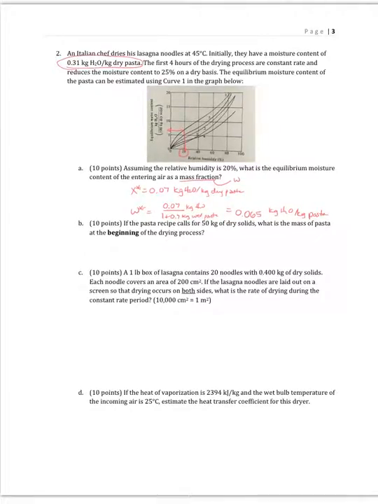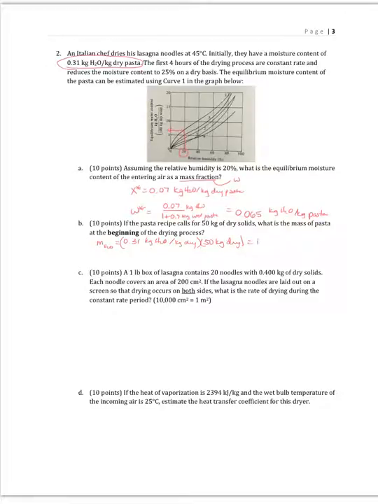And so the amount of water is going to be 0.31 kilograms of water per kilogram of dry. And then I'm going to multiply that times my 50 kilograms of dry.